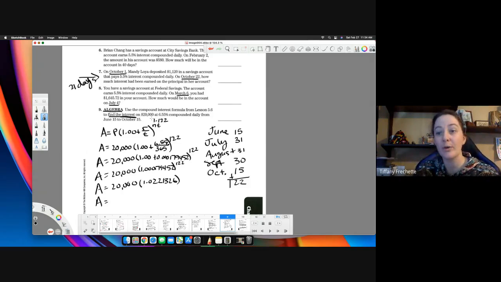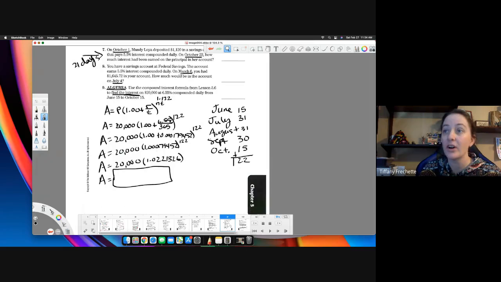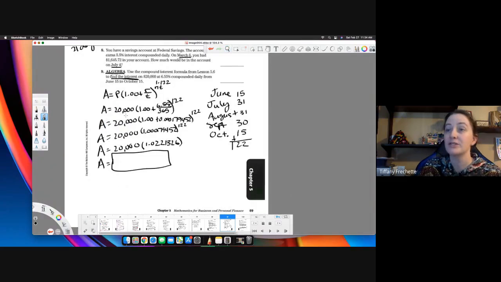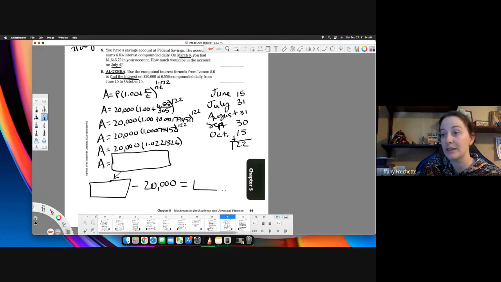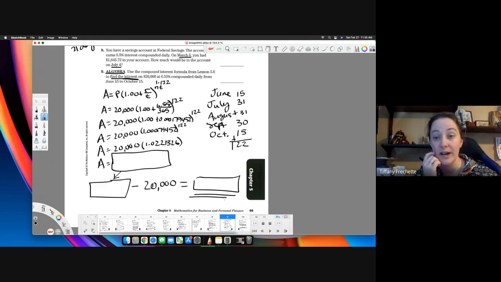So once you know this is how much will be in the account at the end of the 4 months, that's not what they want to know. What they want to know is the interest that you made on the money. So you're going to take this amount and you're going to subtract 20,000 from it, because that'll tell you how much interest you made. This is the answer they're looking for. Okay, so pay attention to what they're asking you to find too. That definitely makes a difference there.